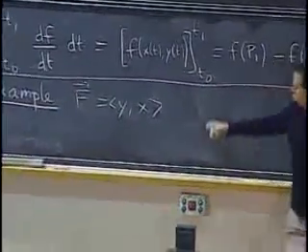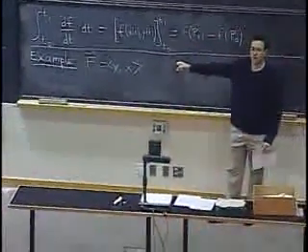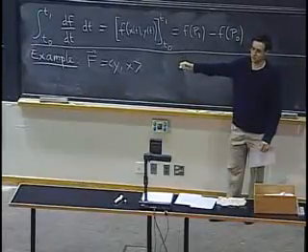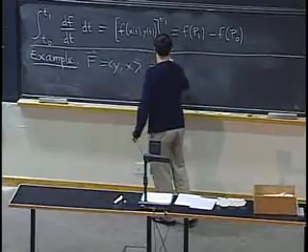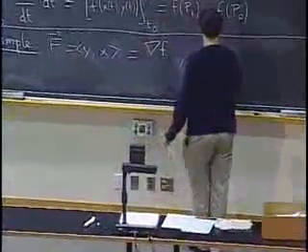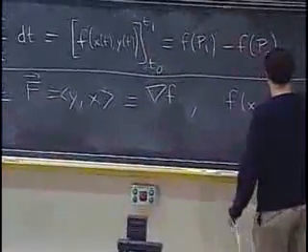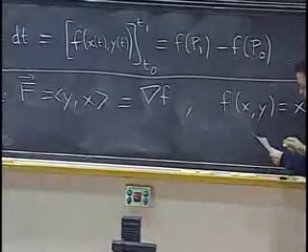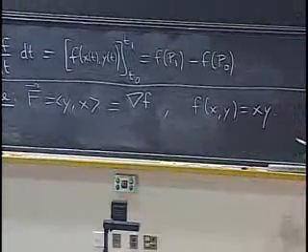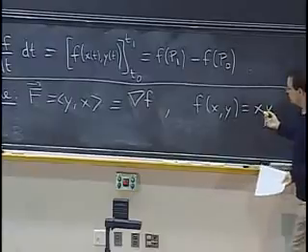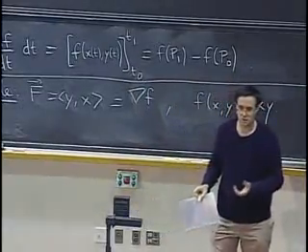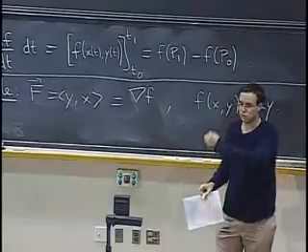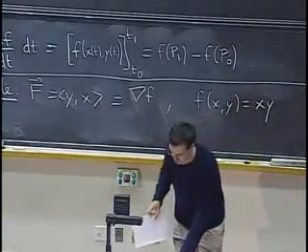Can we think of a function whose derivative with respect to x is y and derivative with respect to y is x? Yeah, x times y sounds like a good candidate, where f of x,y is xy. Okay? So that means that the line integrals that we computed along these things can be just evaluated from just finding out the values of f at the endpoint.